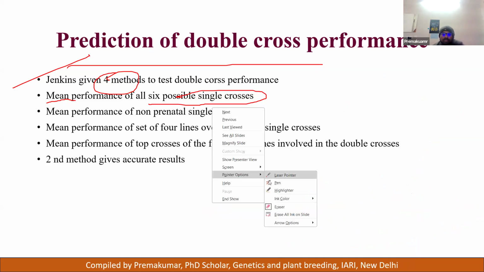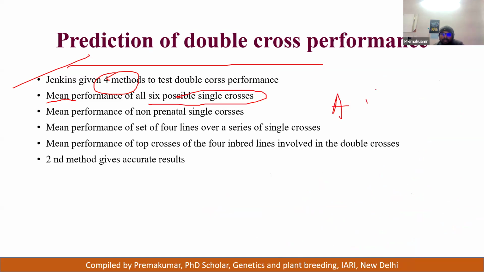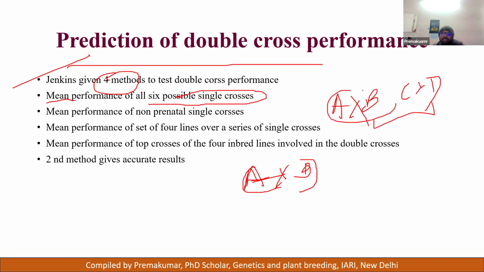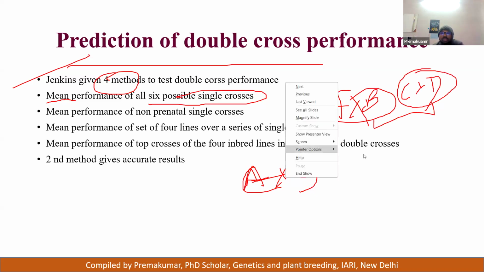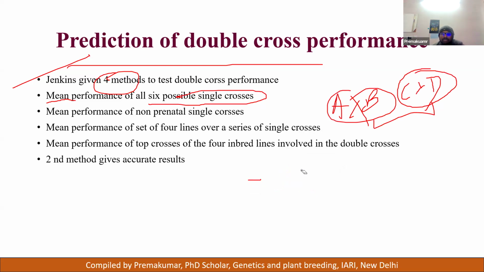For example, if you have four inbreds A, B, C, D, the parental crosses would be A cross B and C cross D. Instead of A cross B and C cross D, you take all possible non-parental single cross hybrids. Which are the non-parental ones here?